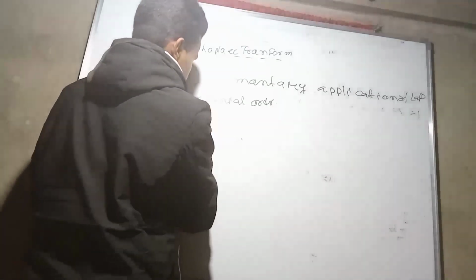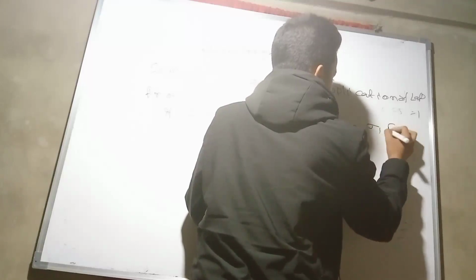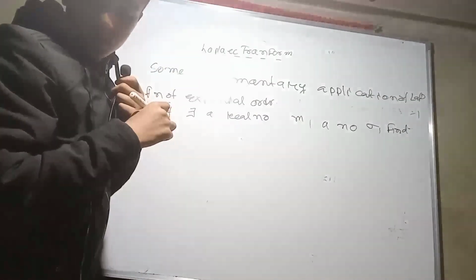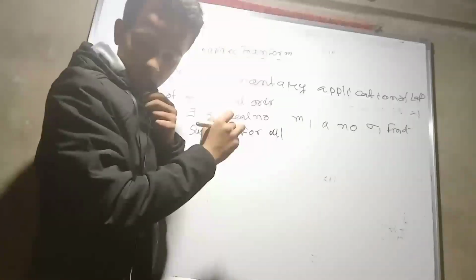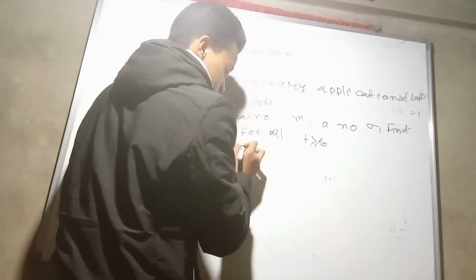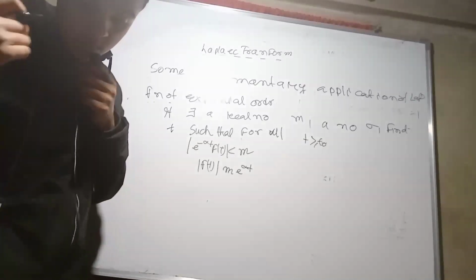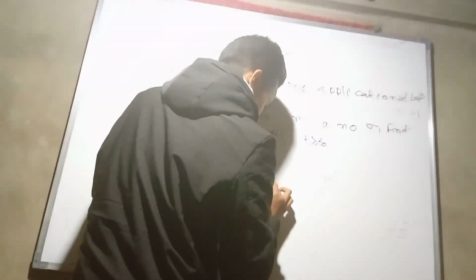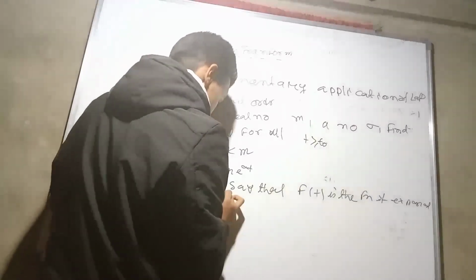If there exists a positive real number m, a number sigma and a finite number t naught, such that for all t greater than or equal to t naught, e to the power sigma t times the absolute value of f of t is less than m, or the absolute value of f of t is less than m e to the power sigma t, then we say that f of t is a function of exponential order as t tends to infinity.